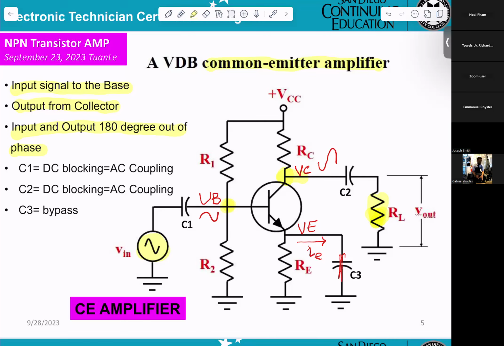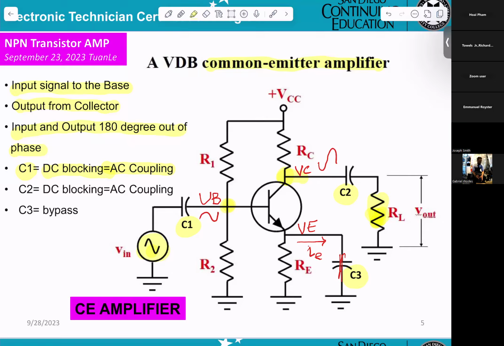Now, next thing, inside the circuitry you can see capacitors C1, C2, and C3. Three capacitors. Okay? And now, what is C1? C1 is DC blocking, AC coupling. What does that mean? That means any DC from the input cannot go into the transistor.